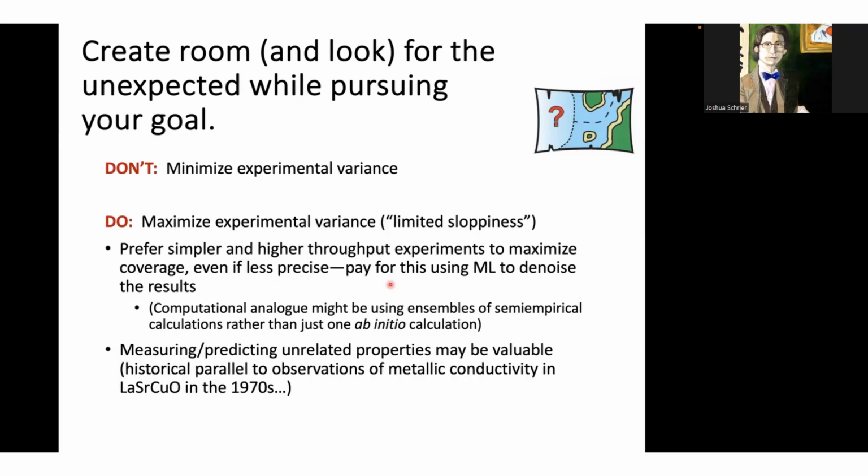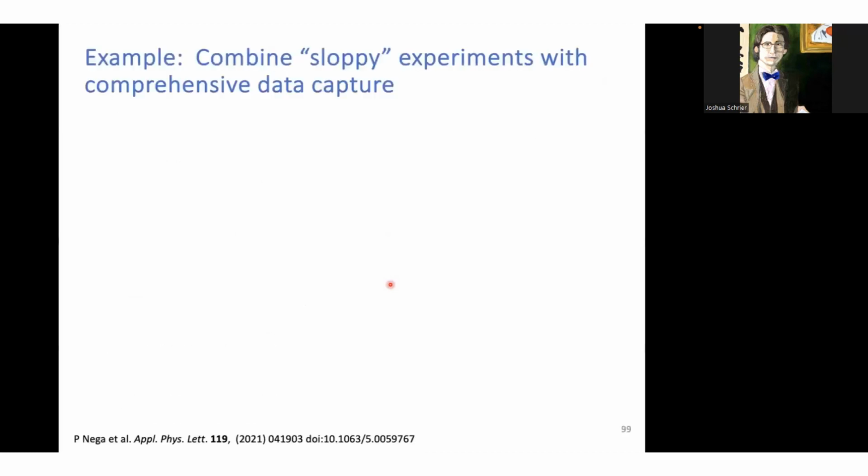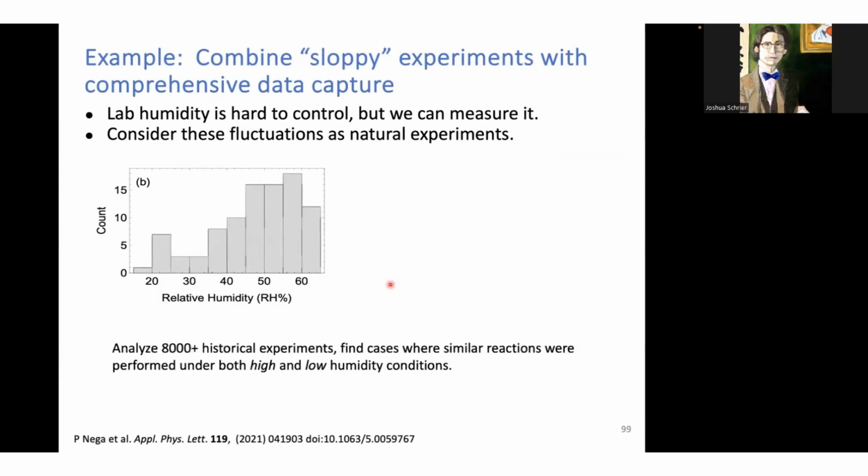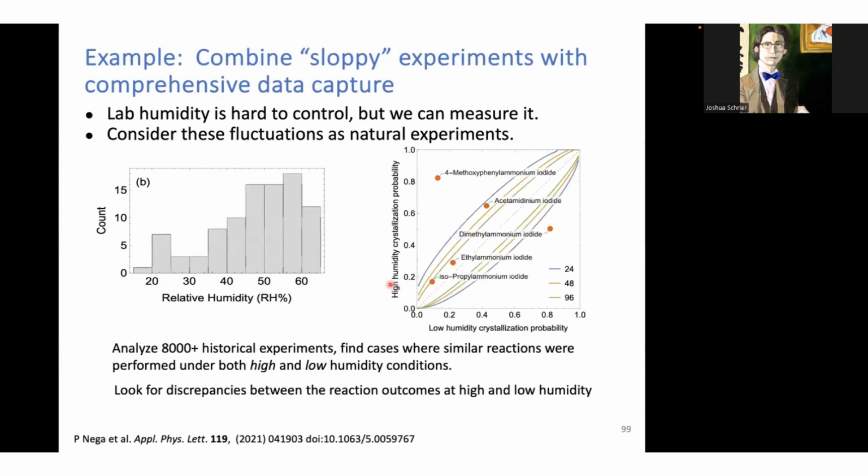We actually have an example of this in our own work, where essentially, we ran the robots. We didn't control the humidity in the lab. And so there were these big humidity fluctuations that you observed over the course of 18 months. And so essentially what we could do is look for discrepancies where we ran similar reactions on a low humidity day and on a high humidity day, and they ended up with different outcomes.